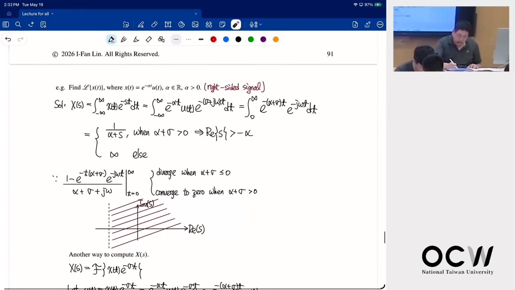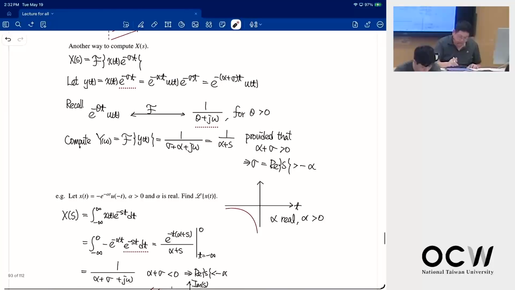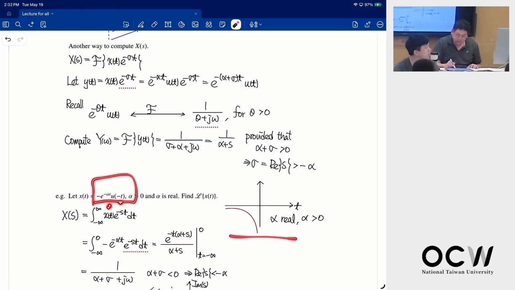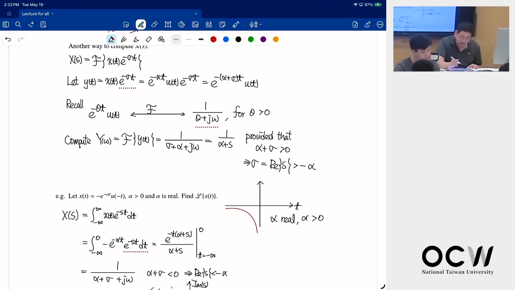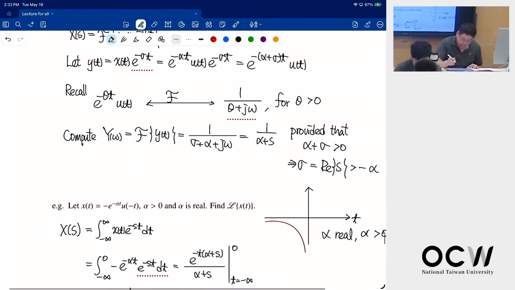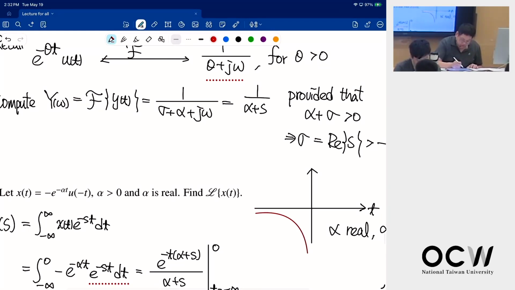And the other one only has values when t is less than 0. So this is the left-sided signal.